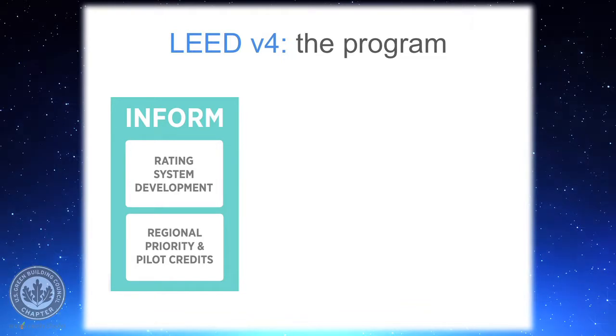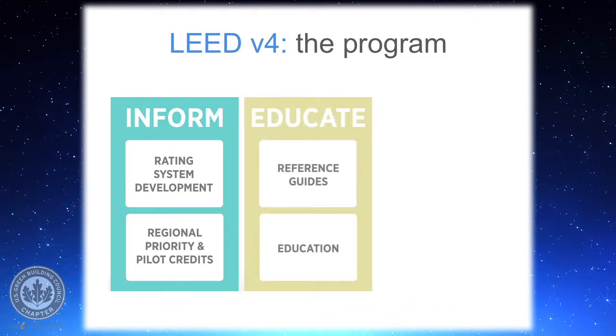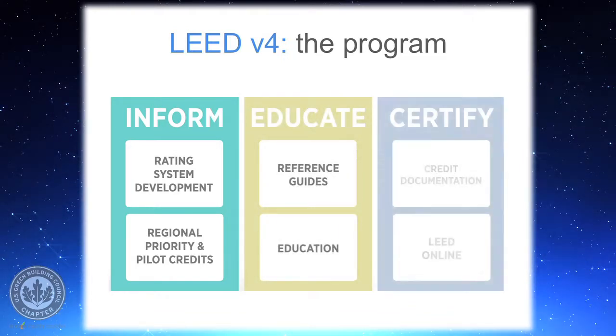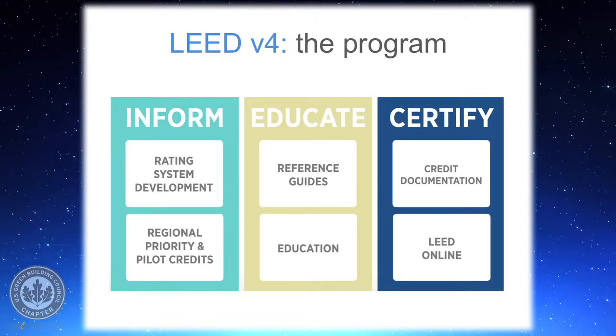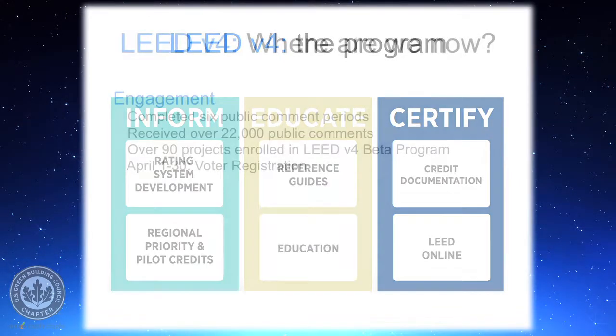We haven't been so public about our reference guide development, our education, documentation, LEED Online. That all changed about a year ago when we made the decision to delay our ballot vote 1 year for the program and essentially engage our stakeholders in a beta of the LEED version 4 program.